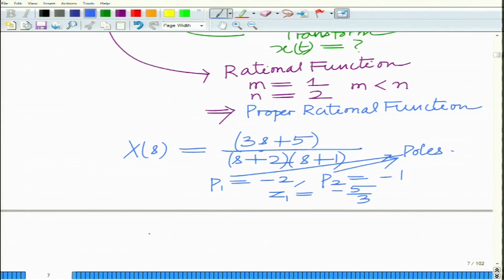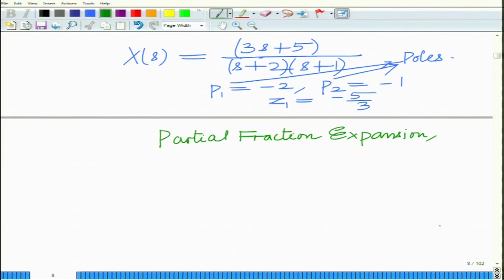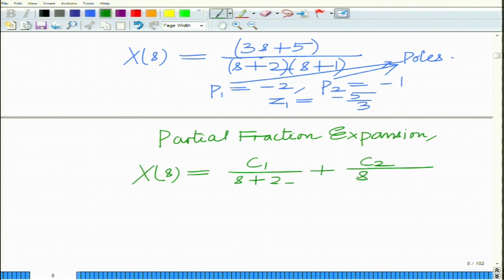Therefore, using the partial fraction expansion, I can write X(s) equals some constant C1 divided by s plus 2 plus some constant C2 divided by s plus 1.